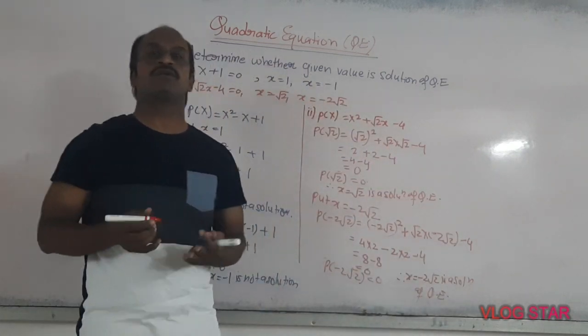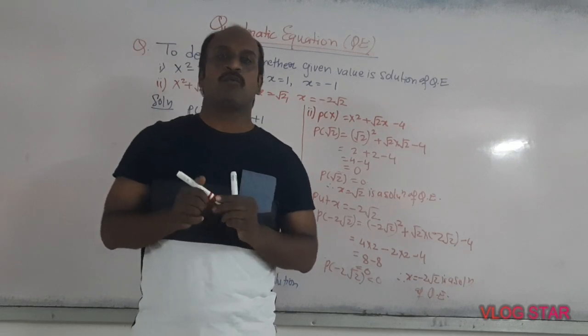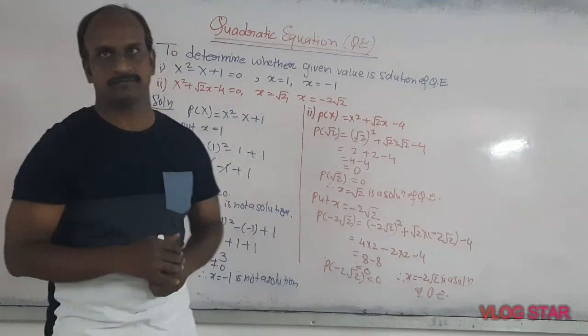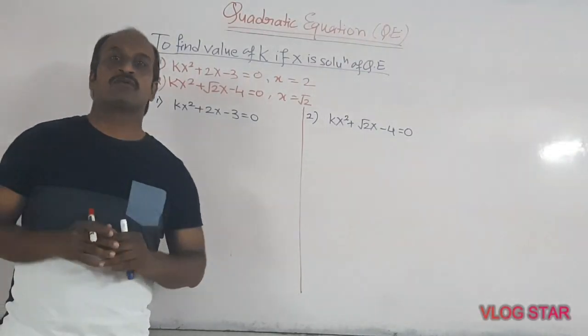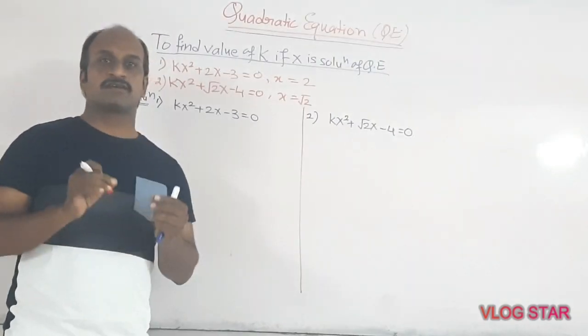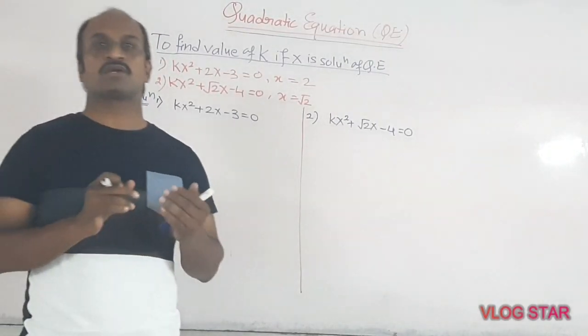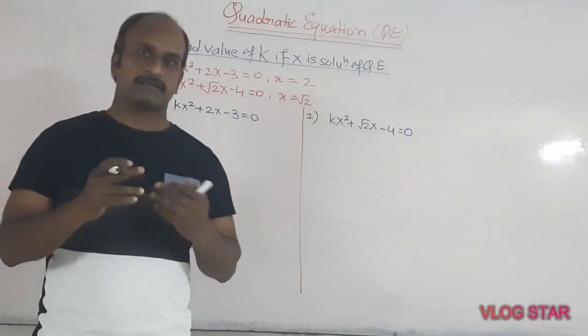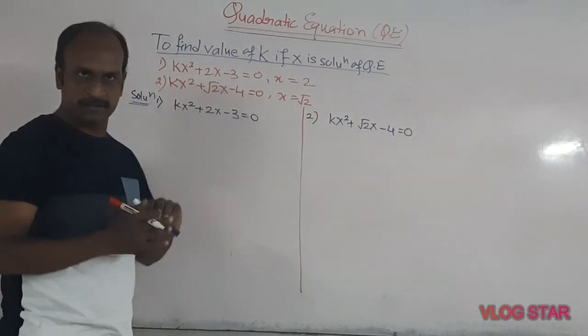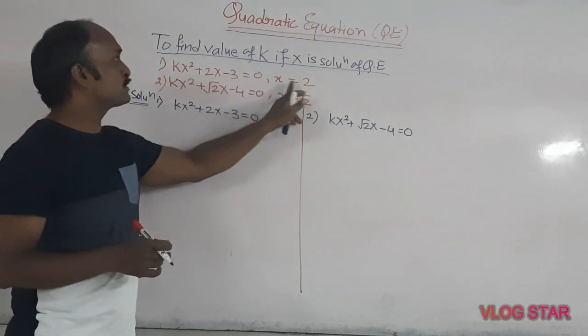So what we have understood here is how to find out whether a given value is a solution of a quadratic equation or not. So what we are going to discuss here is how to find the value of k, if the given x value is the solution of the given equation. That means, say for example, kx square plus 2x minus 3 and the value of x is 2.